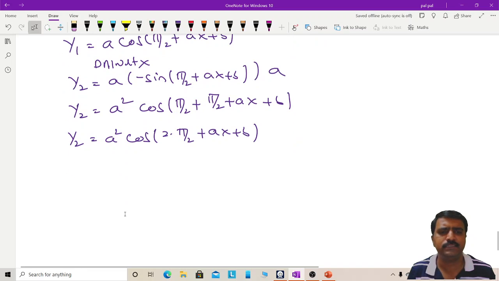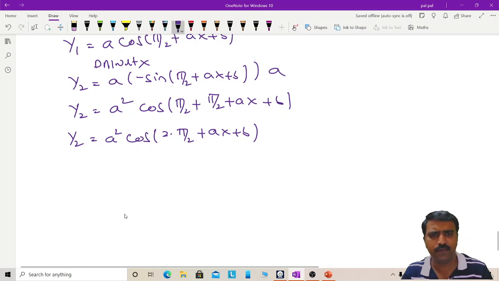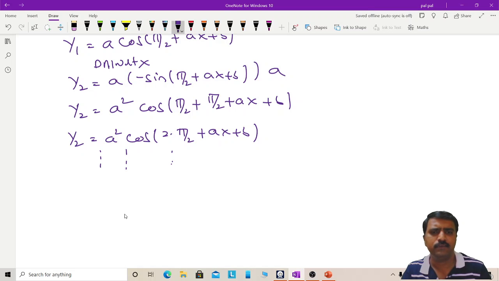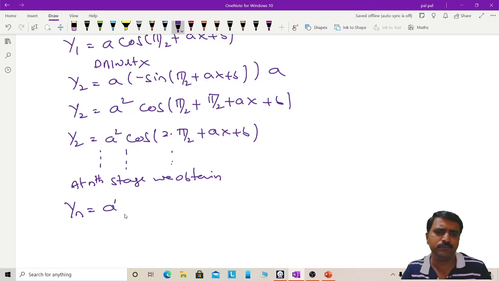At the nth step or nth stage, if we go on continuing like this, we obtain that yn is equal to a to the power of n into cos. Why is it n? a has a power 2 in y2, so in yn, a must have the power n.